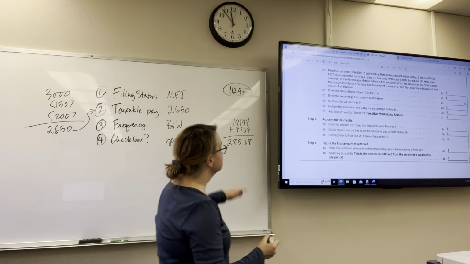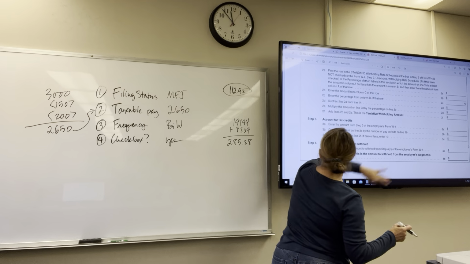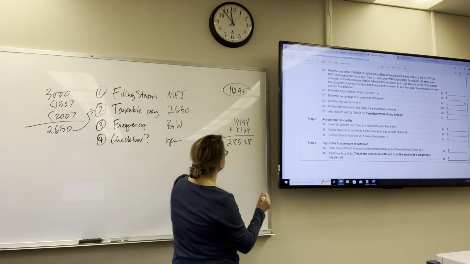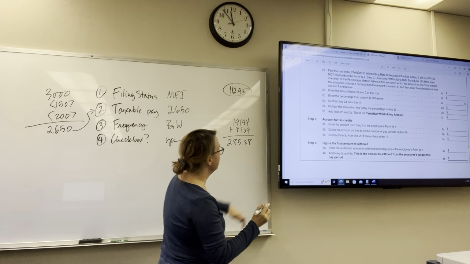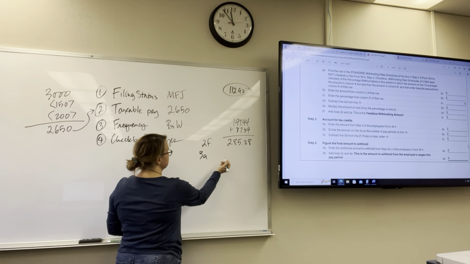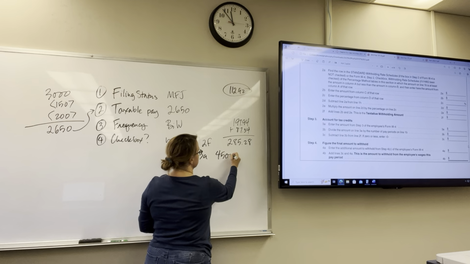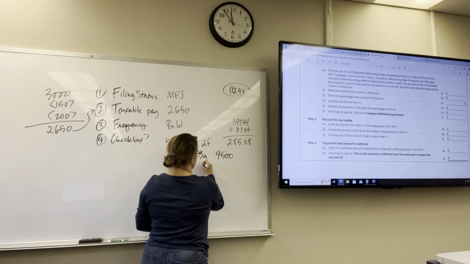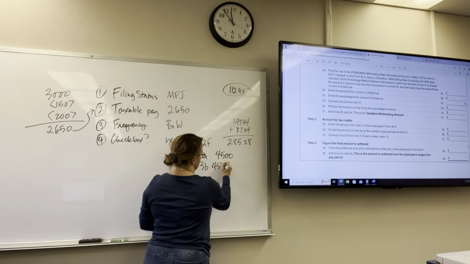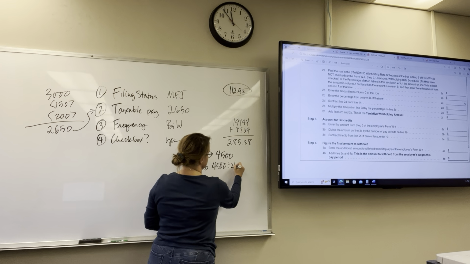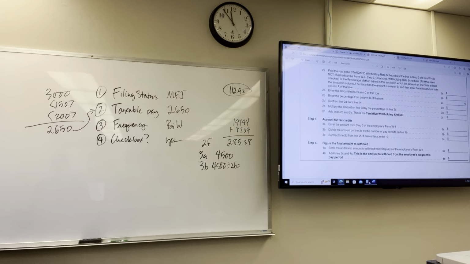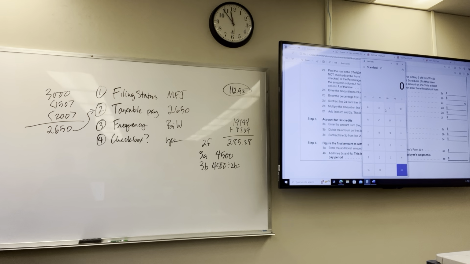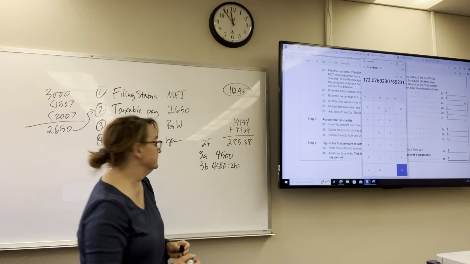Our tentative withholding amount here is line 2F. 3A, enter the amount, that was 4,500. 3B, 4,500 divided by 26 is $173.08.